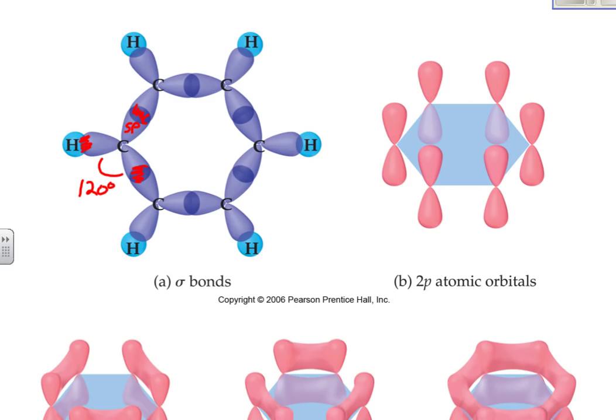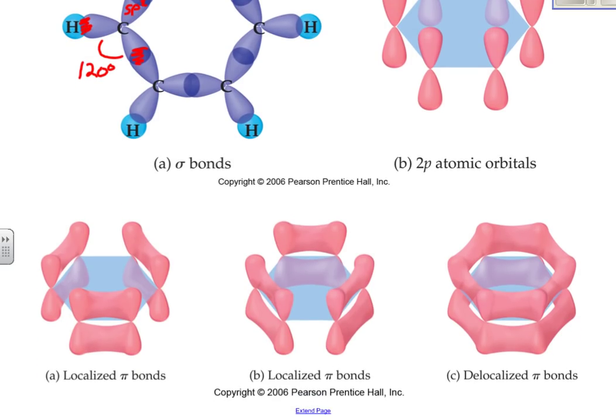What that leaves is the unhybridized p orbitals. In the top picture on the left, those unhybridized p orbitals are coming straight out of the board. If we turn that sideways slightly, we can see them in the image on the right, going directly above and below the plane that contains the 6 carbon atoms and the 6 hydrogen atoms.